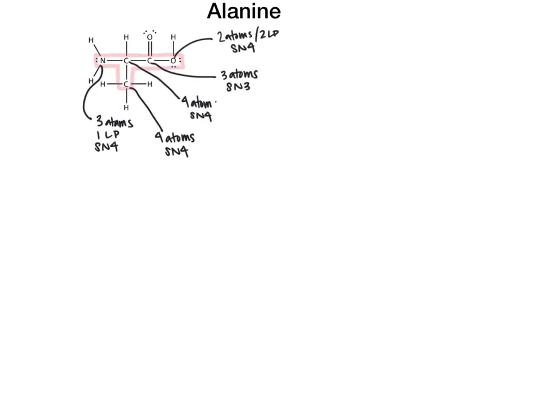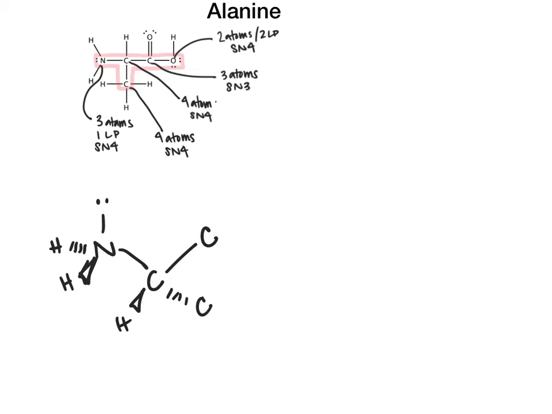So I'm going to start with the nitrogen. We know that the nitrogen has a base tetrahedral, so I'm going to put my lone pair at the top, my 2 hydrogens here. Next, we have a carbon that is also tetrahedral. So from here, I'm going to put 1 hydrogen here and then a carbon here, as well as a carbon here. Now I'm going to put the double bond oxygen next.